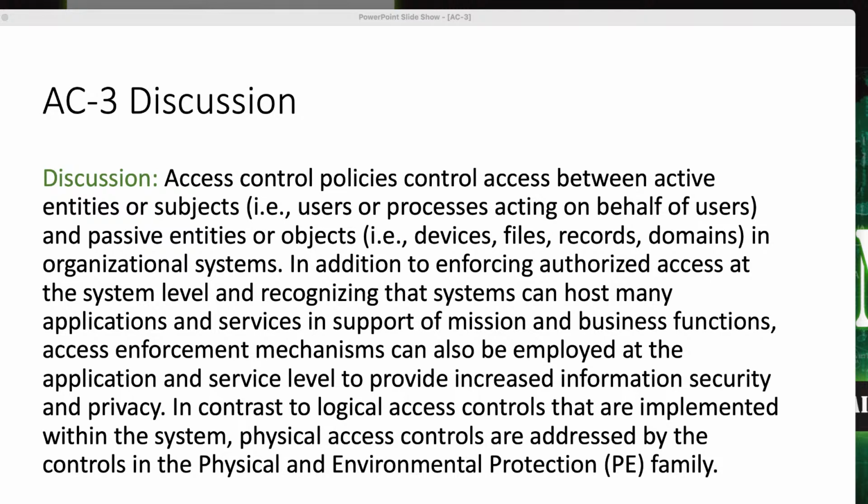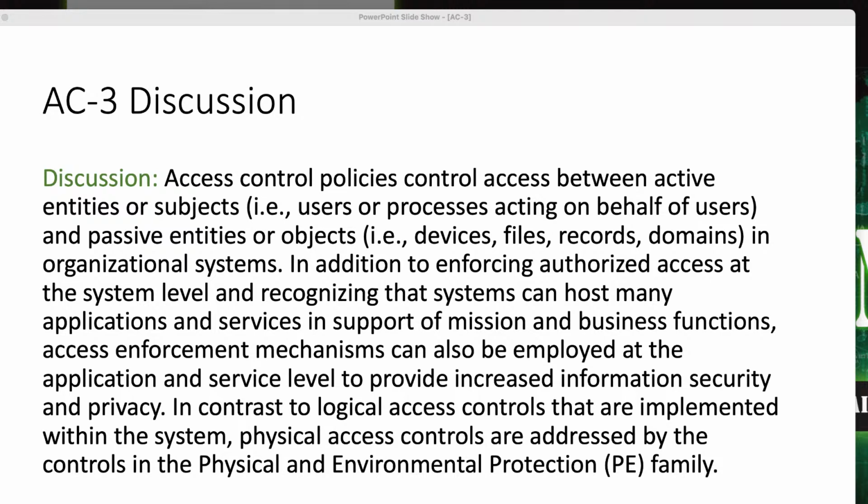In addition to enforcing authorized access at the system level, and recognizing that systems can host many applications and services in support of mission and business functions, access enforcement mechanisms can be employed at the application and service level to provide increased security and privacy. So we're saying we can have these access controls at the information system level, which is important, but then we can also have them at the application level.